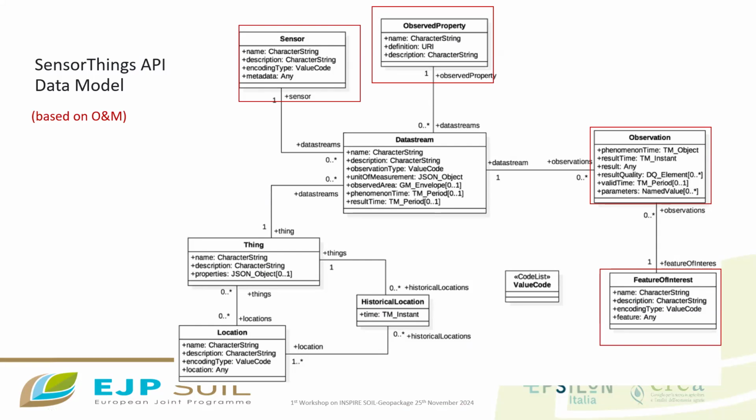Okay. I wanted just to clarify for some colleagues, maybe of my background, so pedologists, that the measurement can be done directly in the field, so you can have an observation directly in the field, or you can have an observation done in a laboratory.